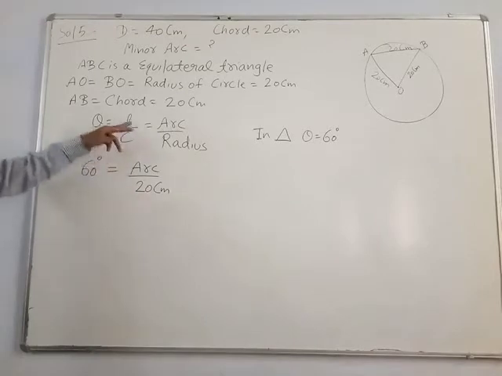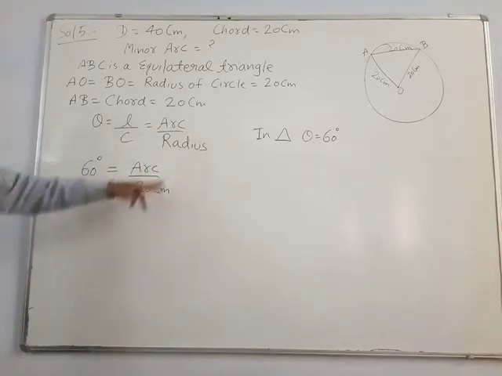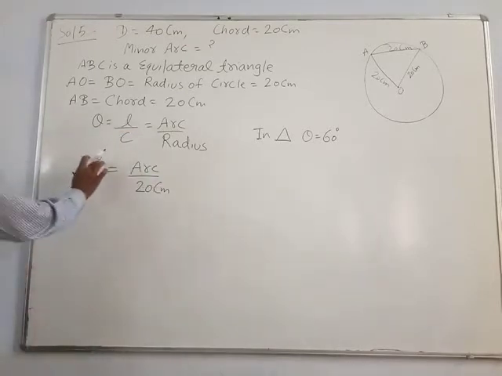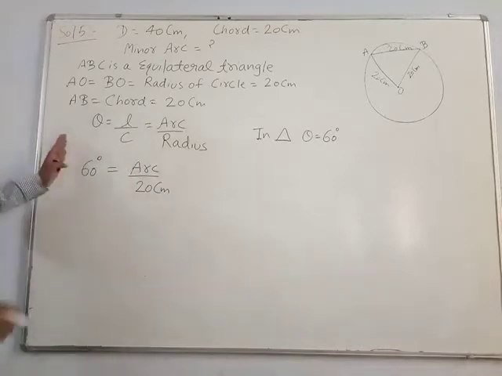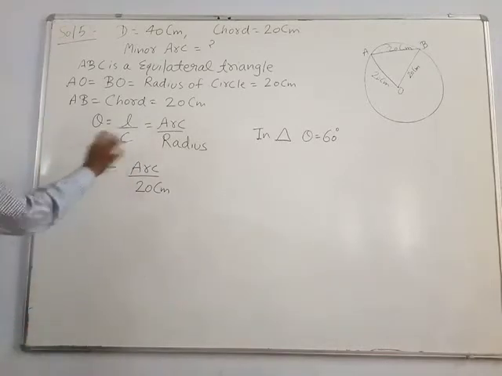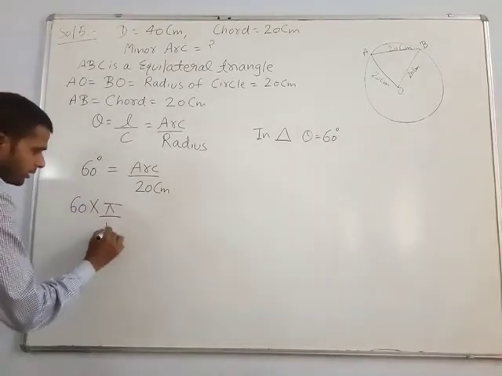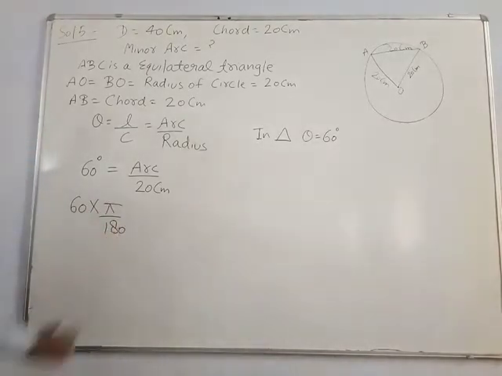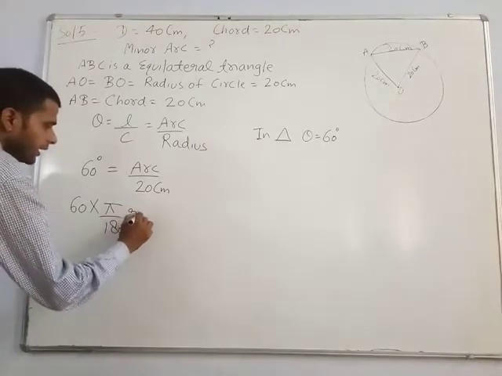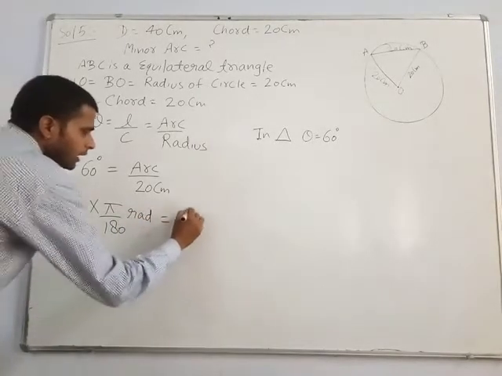L is the arc, which you have to find, and r is the radius, 20 centimeter. Theta is always in radian, so to convert degree into radian you multiply by pi upon 180.